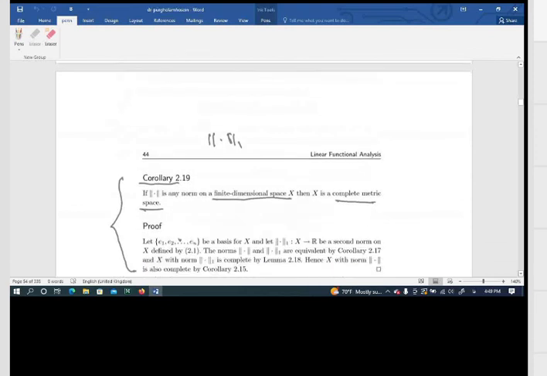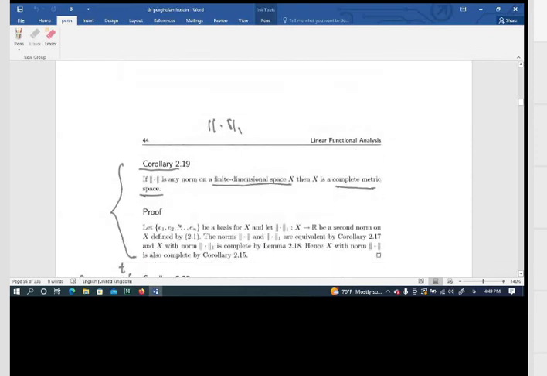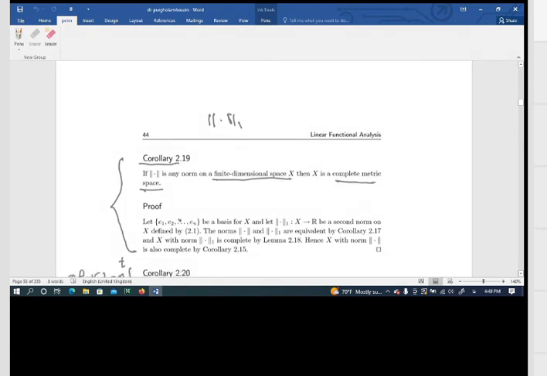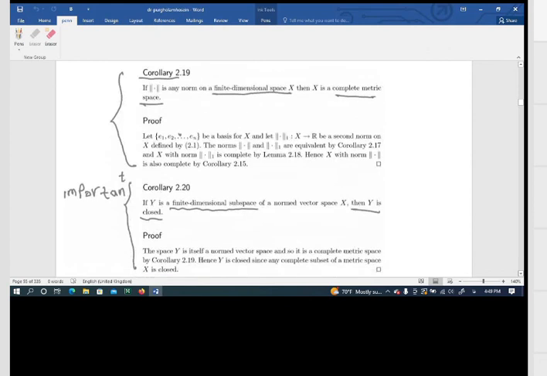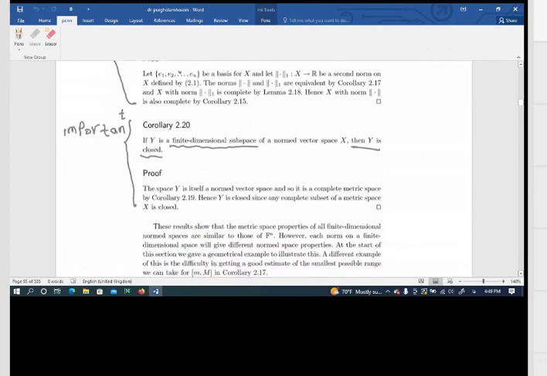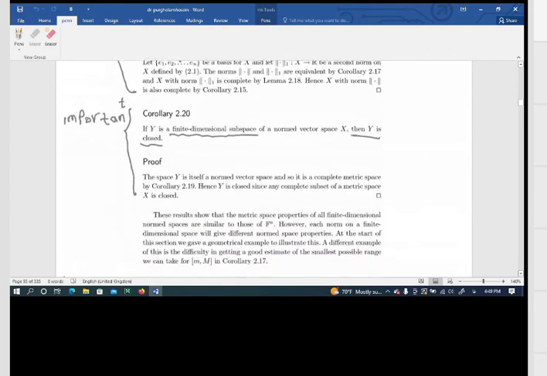Corollary: if norm is any arbitrary norm on a finite dimensional space X, then X is complete with respect to this norm. Another corollary, this is also important.